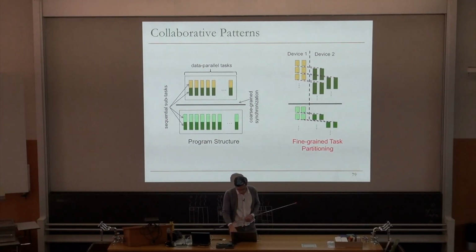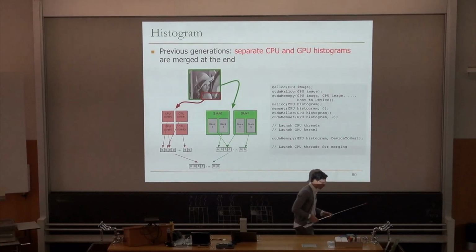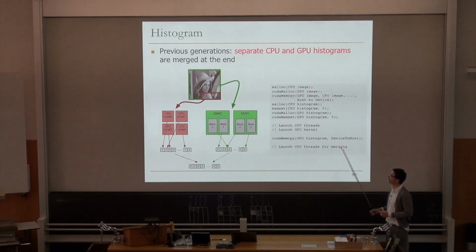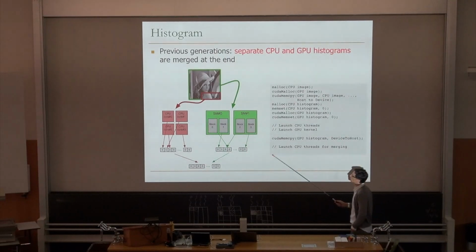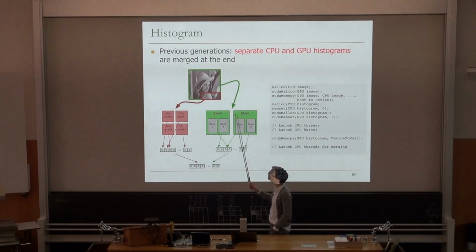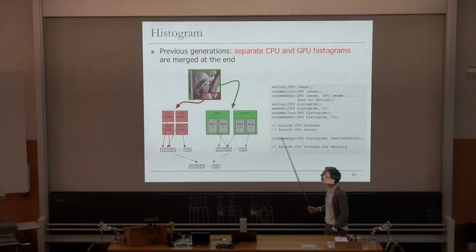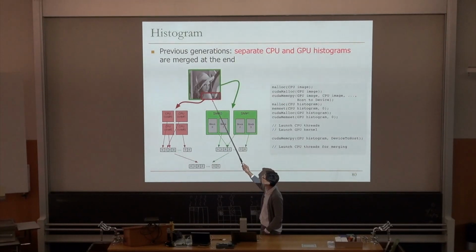Let's start looking at one example of what we can do with this new feature. The very first thing is histogram computation. Here we want to compute the histogram of this image. What we can do is divide the image into two parts.